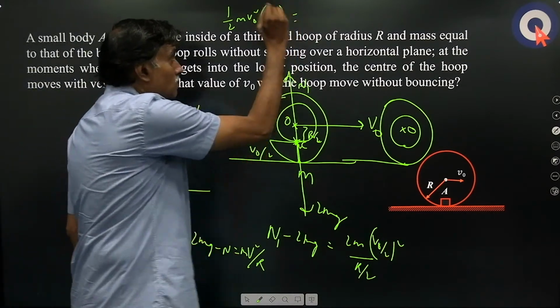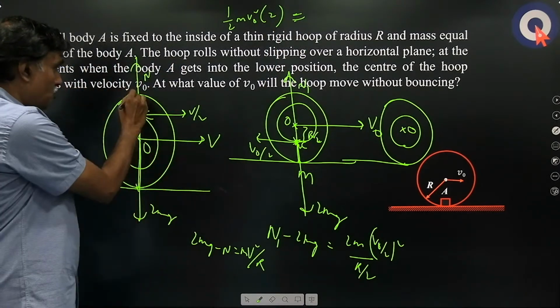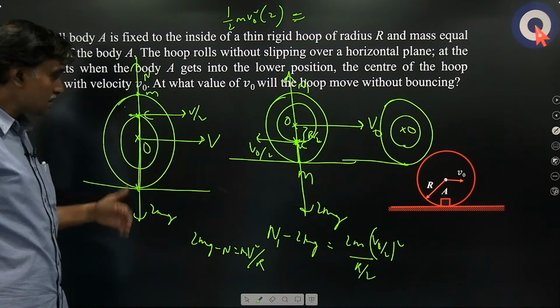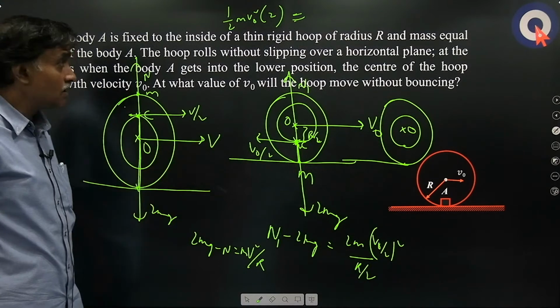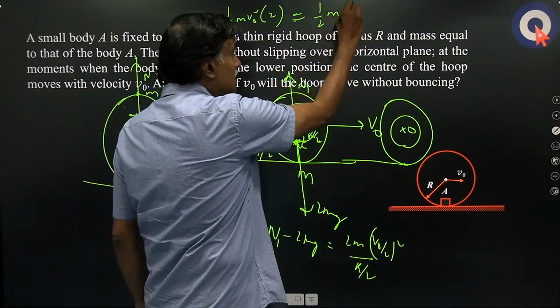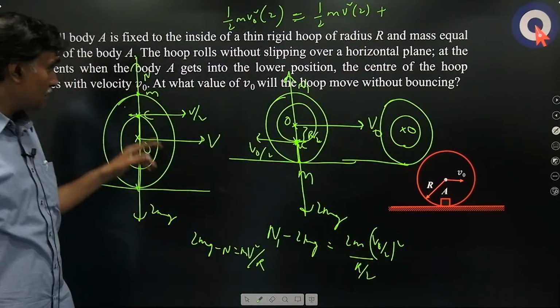That equals, in the final figure, when this particle comes to the topmost point and the center of mass is here, where the velocity of the center is V, the kinetic energy of the hoop: half m V squared into (1 plus gamma), that is 2, plus the kinetic energy of this particle.